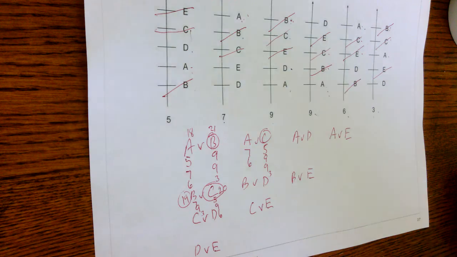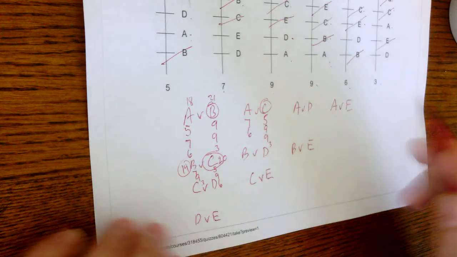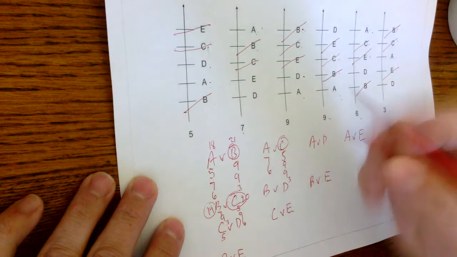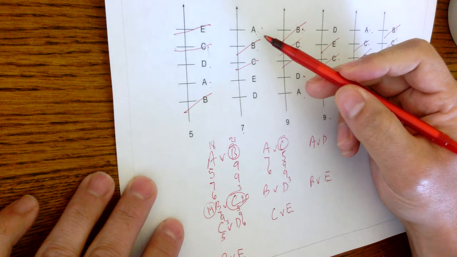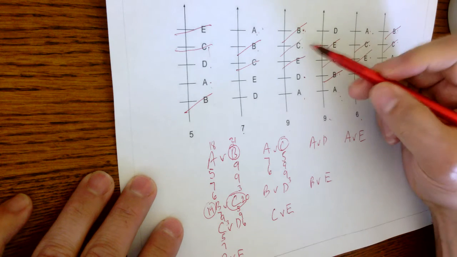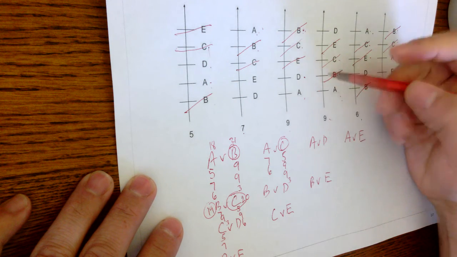So we're going to go down to C versus D. Okay, if we look at the first one, they prefer C over D, 5 people. The second one, C over D, 7. Third preference schedule, C over D, 9.